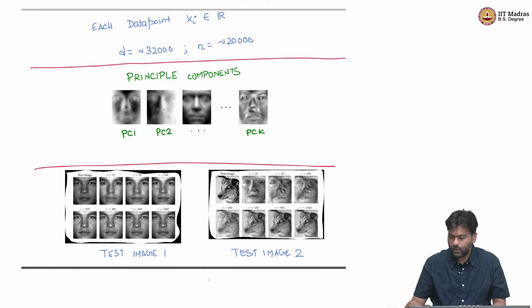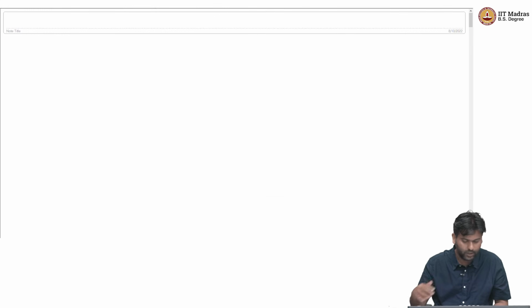Now let us continue our discussion to understand some shortcomings of the PCA algorithm itself, and how we can fix those shortcomings. The more we try to understand these shortcomings and then fix them, that will lead us to something very interesting, which is useful more in general for machine learning applications.